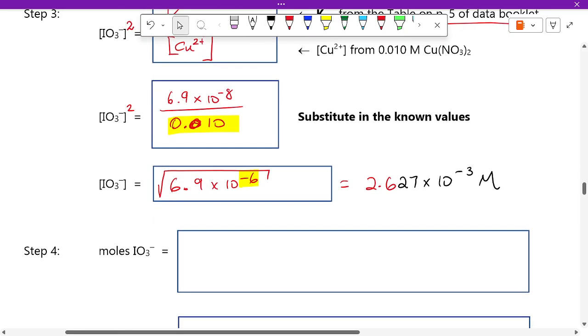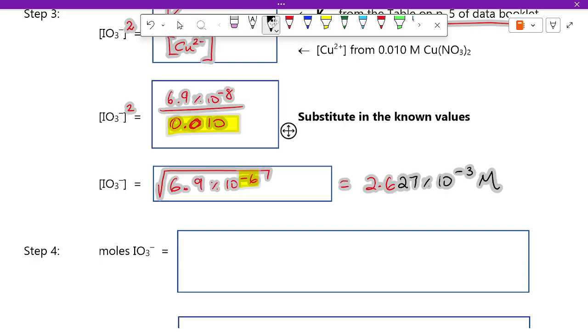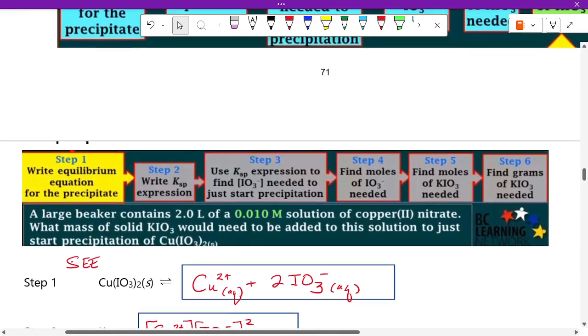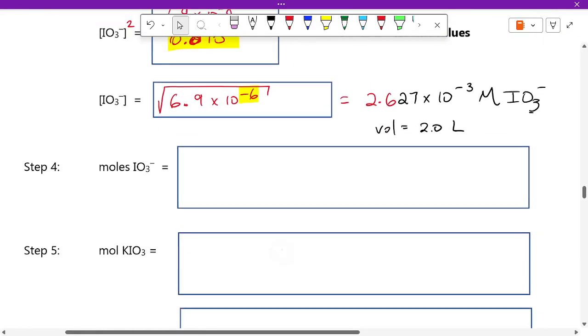So then our moles of IO3, we have molarity. Do we have the volume? Yes, what is the volume? The volume is 2 liters. Is it 2.00 liters? No, just 2.0. Okay.